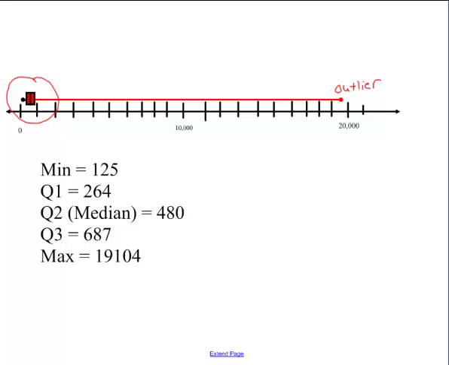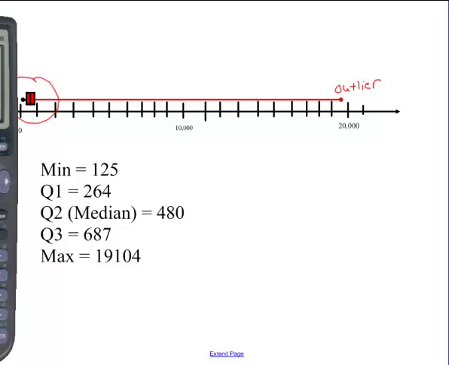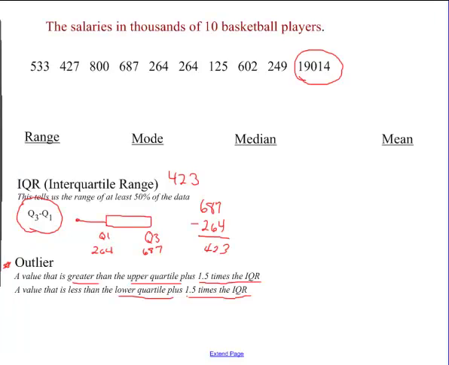We can prove it mathematically why he is an outlier. We can just come back here and do the math. A value that is greater than the upper quartile, well, obviously this guy was in the upper, so we're going to take the upper quartile, which is quartile 3. So I take 687 and I add on 1.5 times the interquartile range.